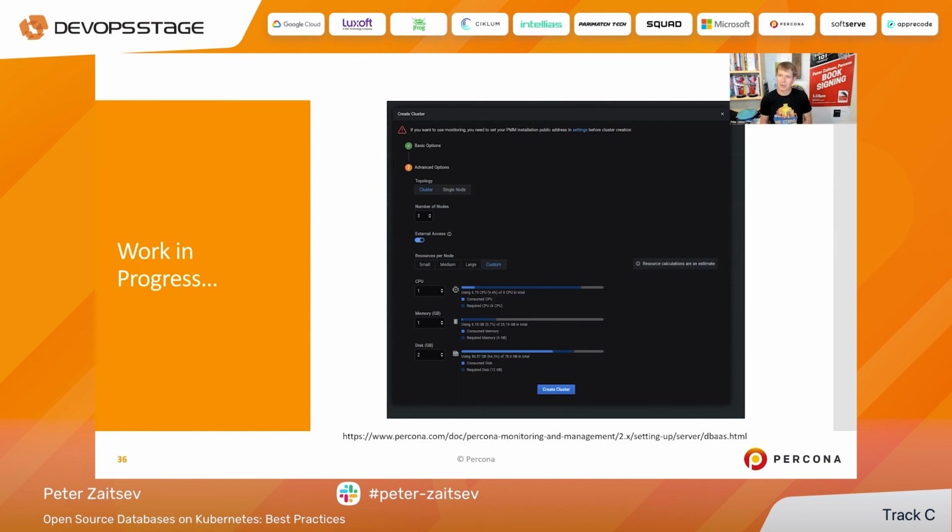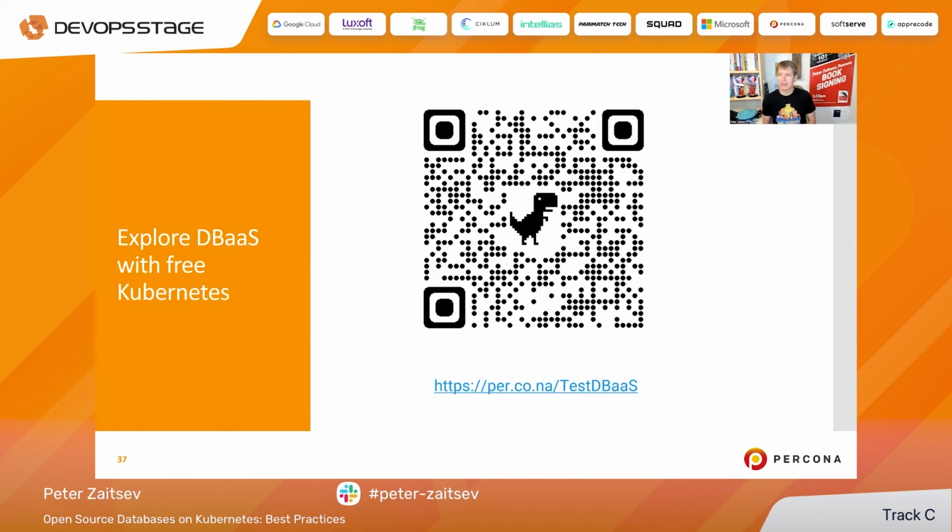That is one of the wonderful properties of open source, where if something doesn't fit your needs, you can adjust it to fit your needs. To make it easy, we have now enabled a free Kubernetes cluster, which you can get.